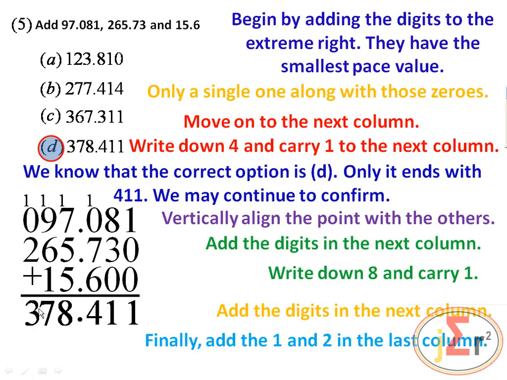Do we have the other digits being equal? Yes. So even though we discovered already that by the ending 411 that option D is correct, we still went ahead and did the rest of the calculation, and we see that they are all correct.